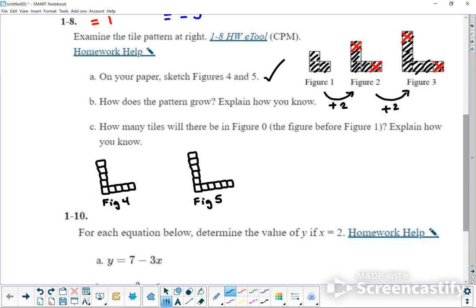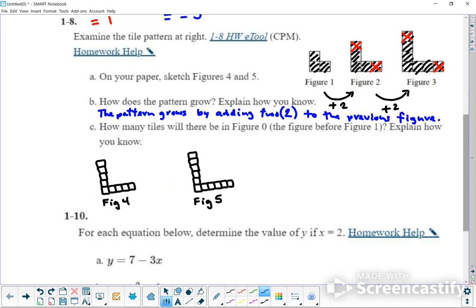B, how does the pattern grow? I already explained it. The pattern grows by adding 2 each time. So you can say something like, pattern grows by adding 2, which is the number 2, to the previous figure.